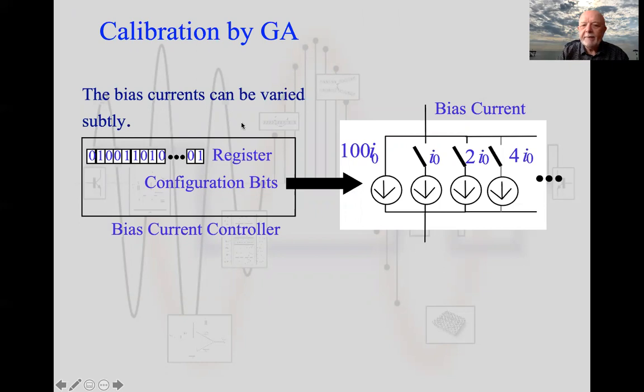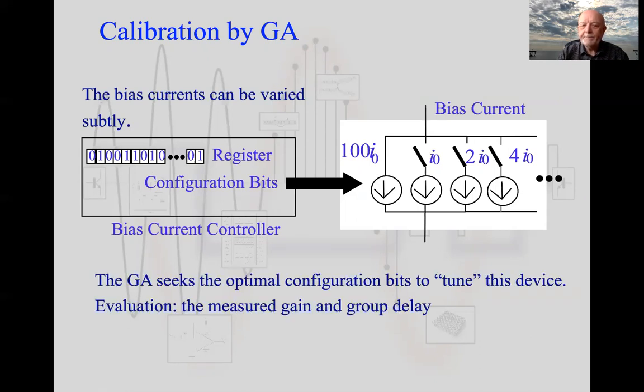They could be varied only by a small amount, but that's all that was needed, by switching in more or less of these constant current devices. So there was a standard bias current, and they could adjust it slightly with the configuration bits, switching different switches on or off to feed in more current. Basically, it was a bias current controller.